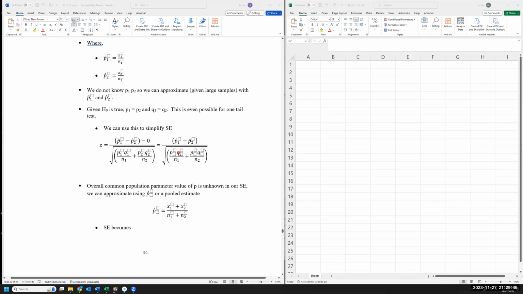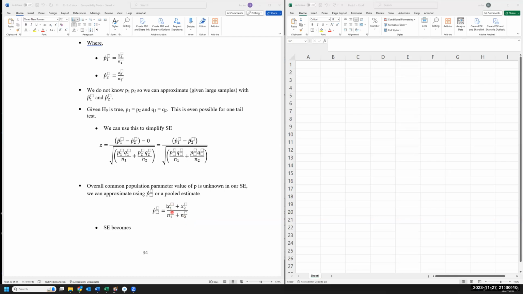And we don't know what P and Q are. If we did, we wouldn't have to do any of these testing. And because we don't know, what we're going to use is the pooled sample P hat, where P hat is x1 plus x2 divided by n1 plus n2.